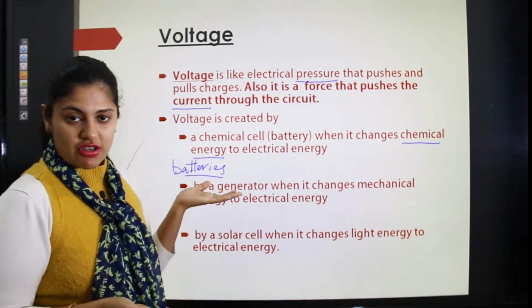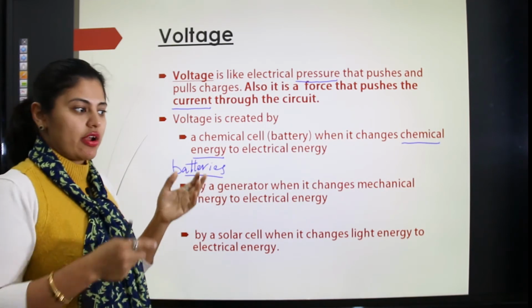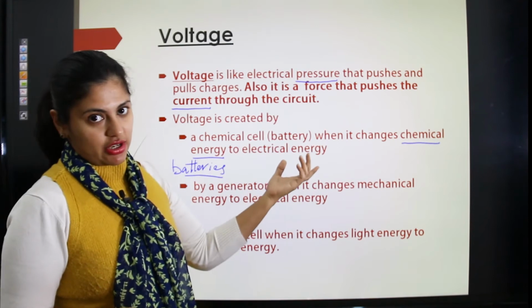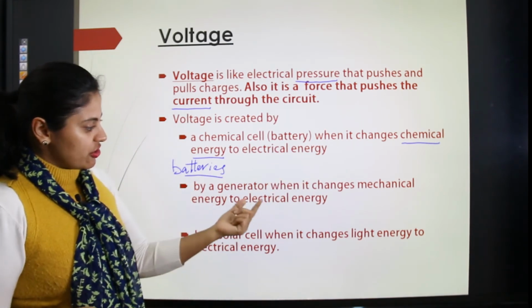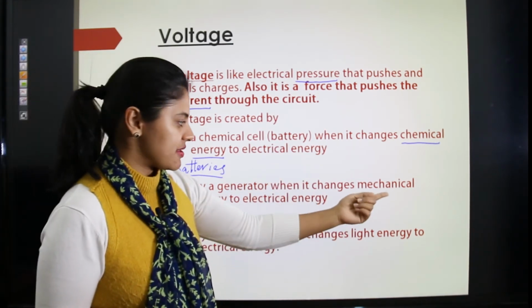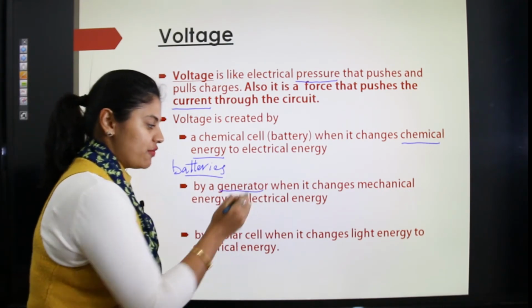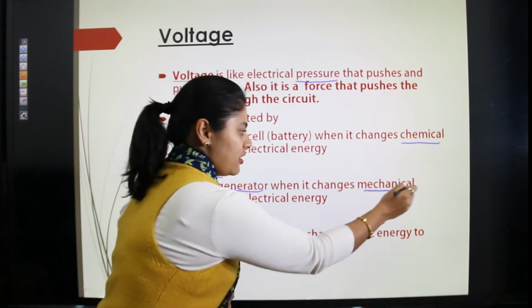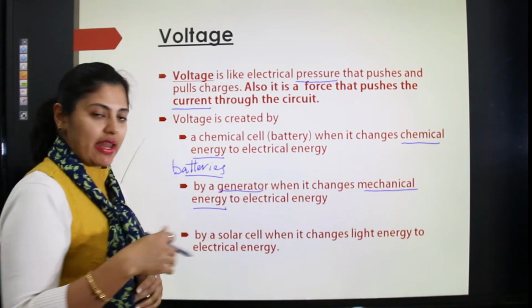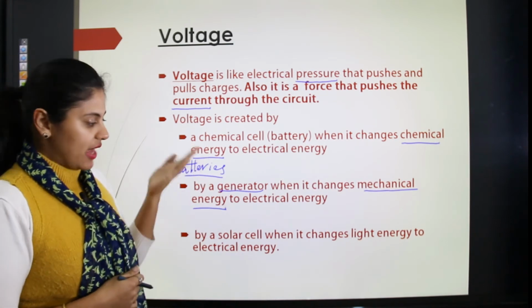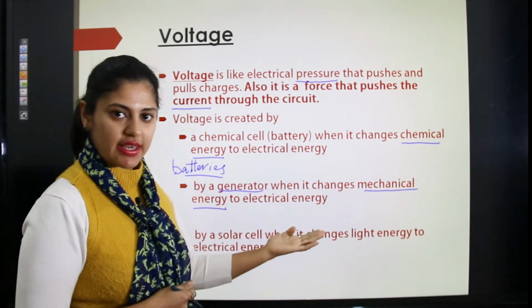We use batteries for our cell phones, for our torch, for many other purposes to produce electrical energy. By a generator, when it changes mechanical energy to electrical energy. In a generator there is a mechanical process, and that helps to produce the electrical energy.